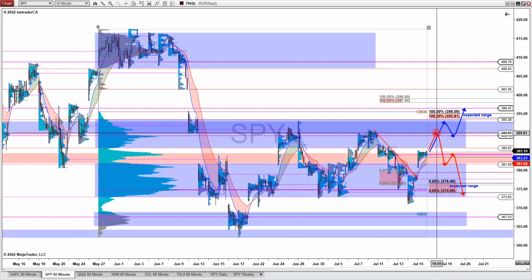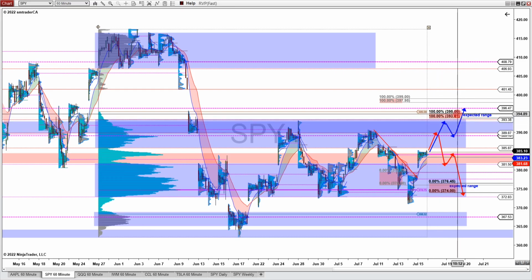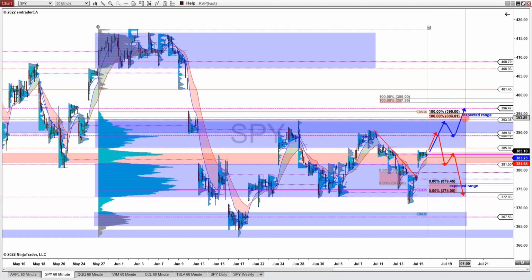Would it be able to push above it and move up and push through this resistance zone that we identified on the daily chart and come up to the upper range of this high volume area here? Then we will watch for any kind of pullback, and if the pullback could stay above this virgin point of control, then I'll be looking for a possible continuation push to move beyond this upper boundary of this high volume zone, which will go above 393.39 and push through to this upper range of the expected move between 395 and 393.81.